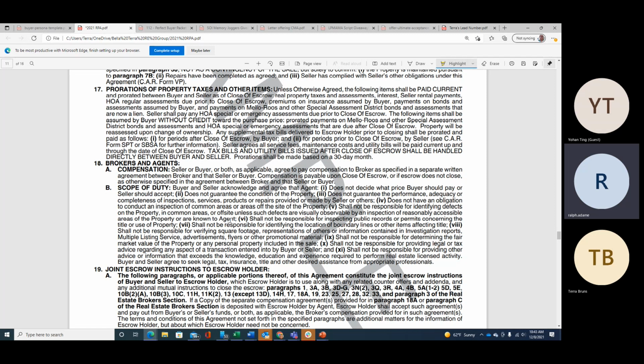shall not be responsible for inspecting public records or permits concerning the title or use of property, shall not be responsible for identifying the location of boundary lines or other items affecting title, shall not be responsible for verifying square footage, representations of others, or information contained in investigation reports, market value of the property, or any personal property included in the sale, shall not be responsible for providing legal or tax advice regarding any aspect of a transaction entered into by buyer or seller, and shall not be responsible for providing other advice or information that exceeds the knowledge, education, and experience required to perform real estate licensed activity.